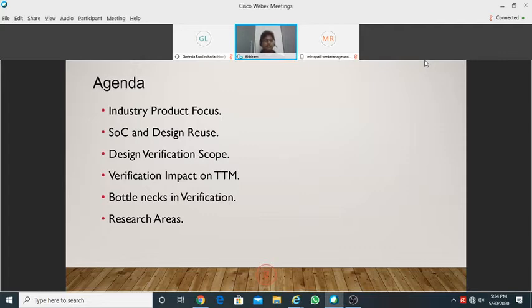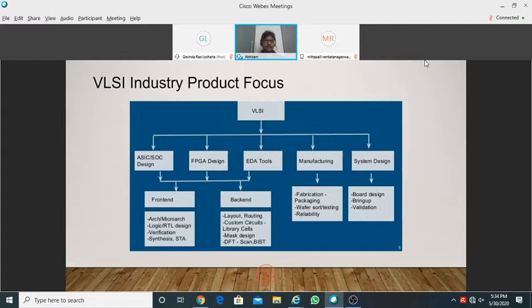I'll conclude with the bottlenecks currently facing verification, and also the research areas which any interested individual can focus on going forward. Going to the next slide.